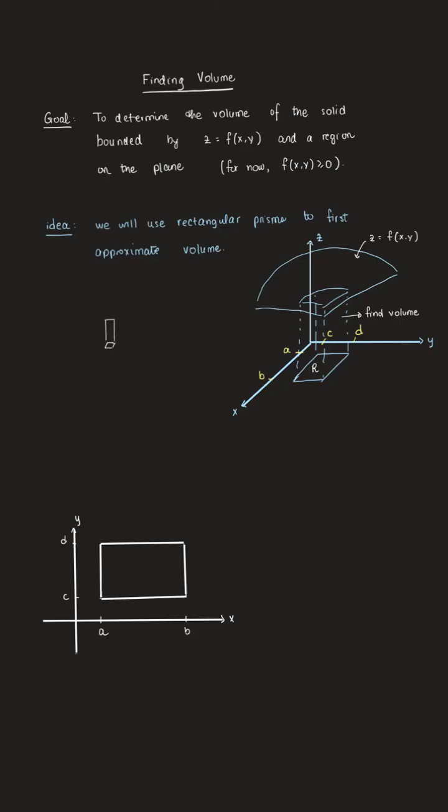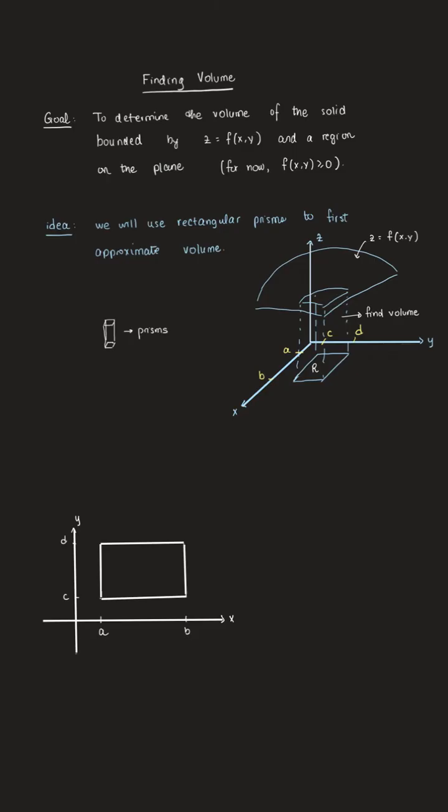They're going to be rectangular, so we obviously will be making an error, but then we're going to take a limiting value or take a limit as the number of pieces in our partition get large, and the area of those pieces gets arbitrarily small. So we're going to use our understanding of integration to find the volume between a surface and a region on the xy plane. So first, let's talk about our region.